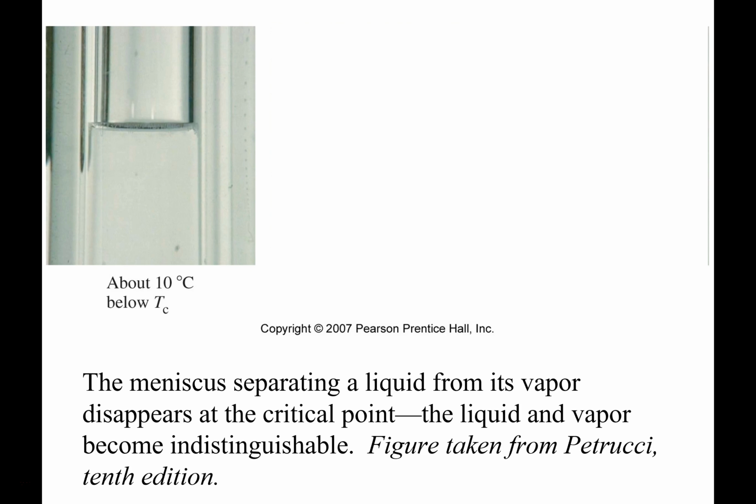So this is showing you kind of what I described. I think it's a closed container, and so we have kind of just an air head space. You see the liquid right there, and at this point we are below the critical temperature.